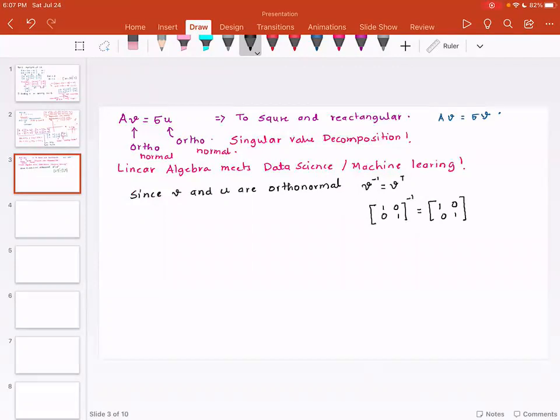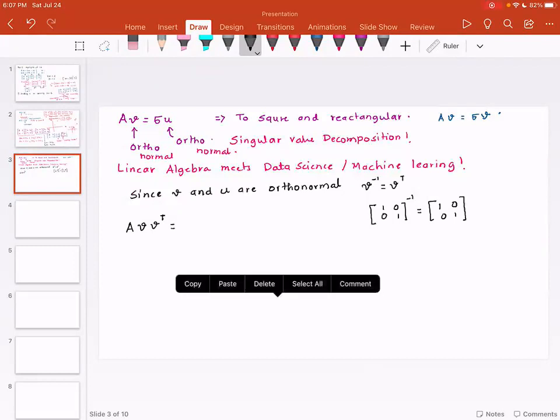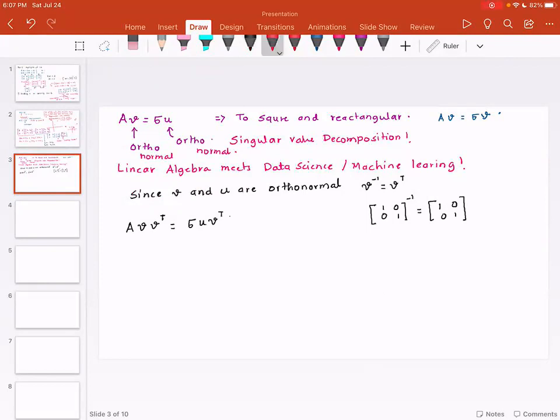So this equation A V transpose is equal to sigma U V transpose.